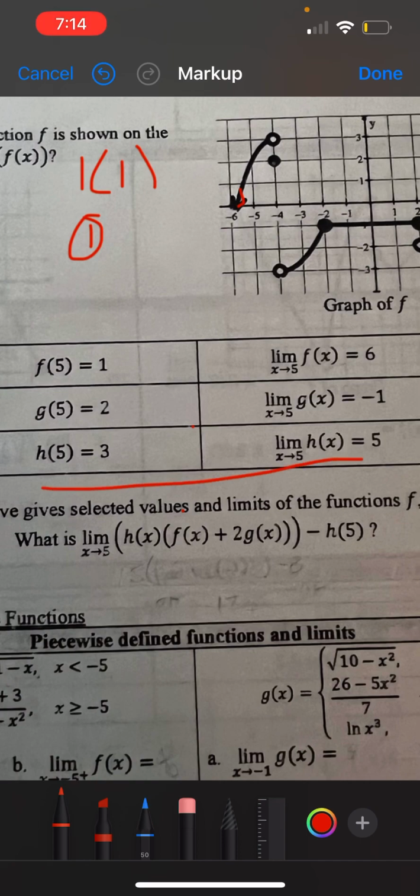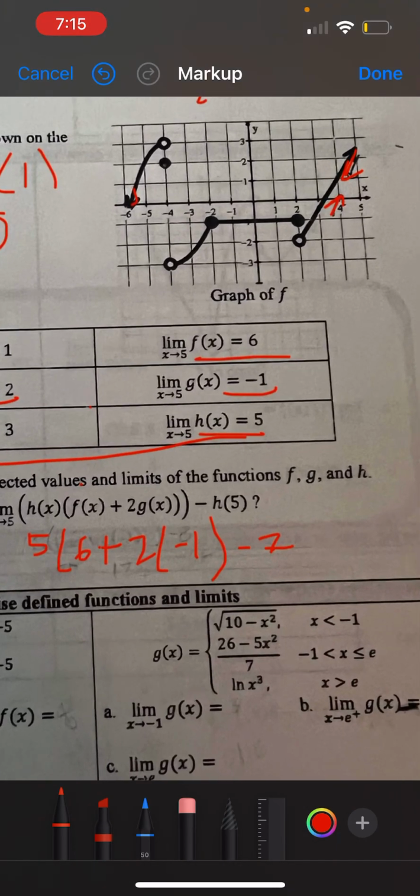For h of x, from right here we have our first value, which is 5, right, times f of x, so we go right here where it's equal to 6, so this is 6, and this is plus 2 of g of x, so this is negative 1, minus h of 5, which is right here, is 2, right?